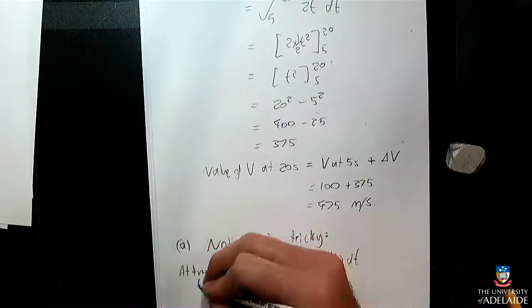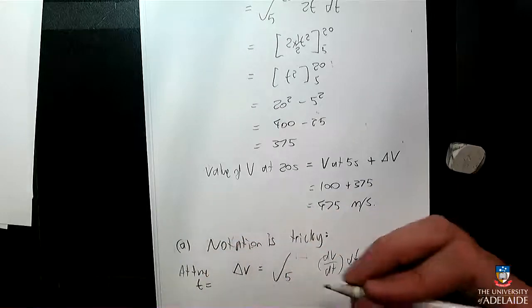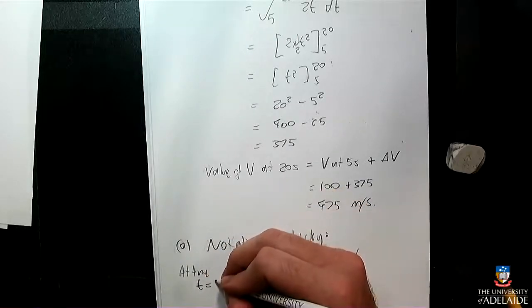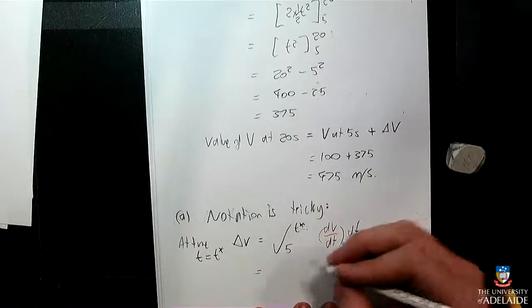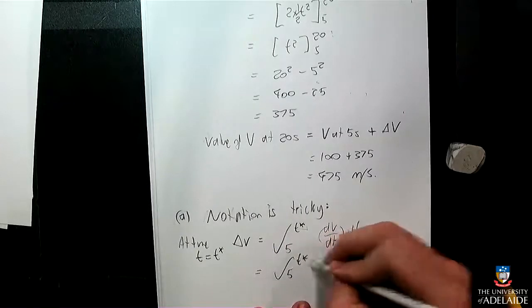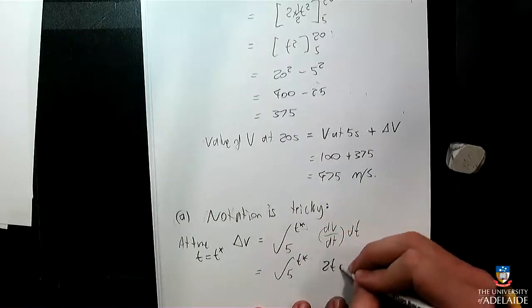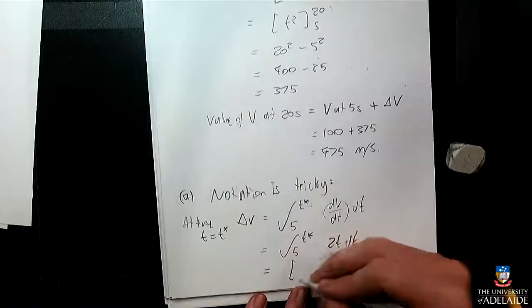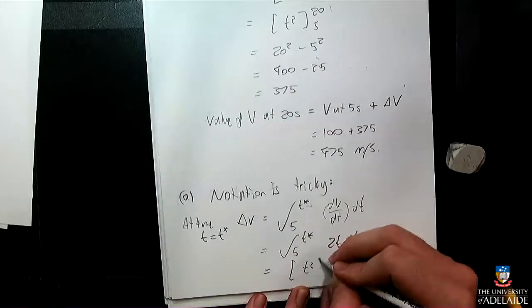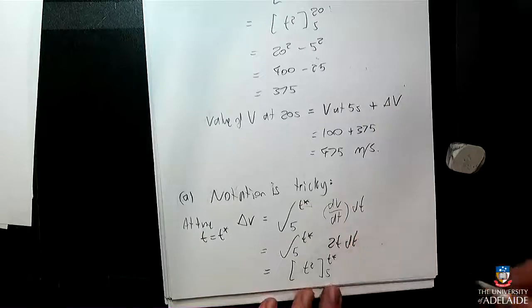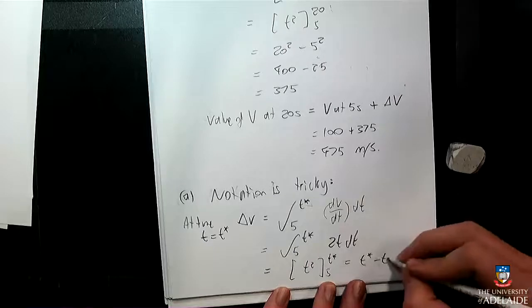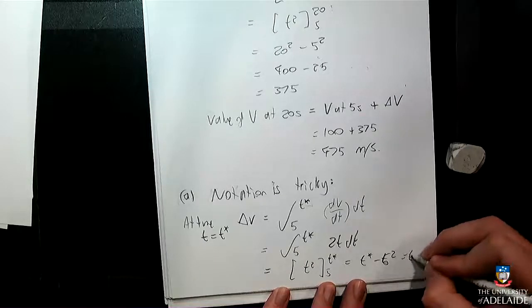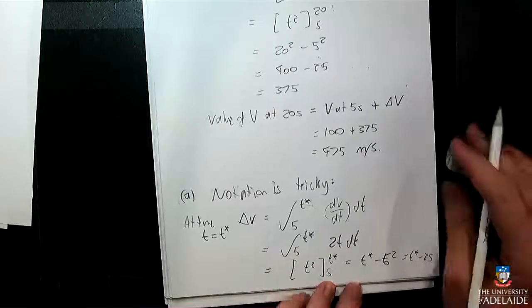At time t equals, say, t star, and this would work out to be the integral of 2t dt, which is t squared from 5 to t star, which is t star squared minus 5 squared, which is t star squared minus 25.